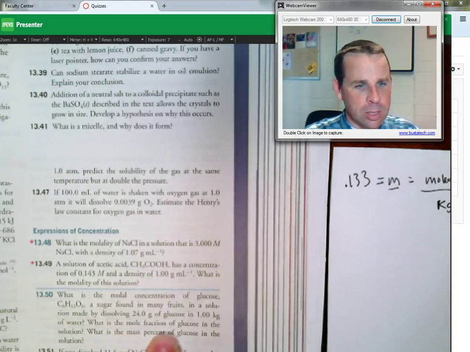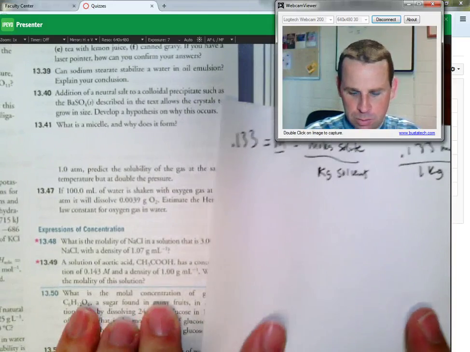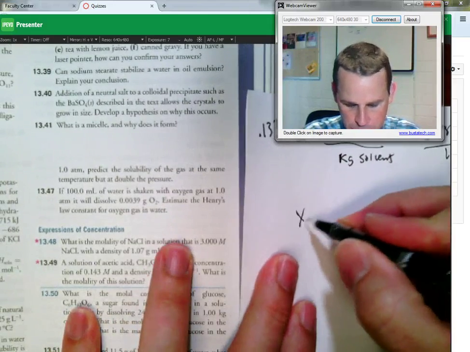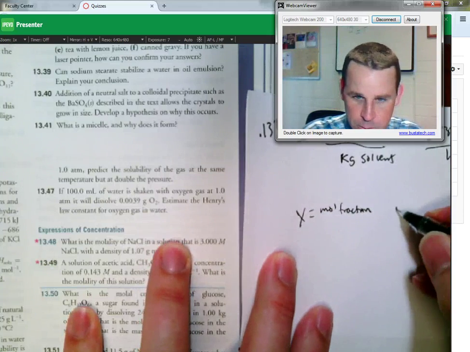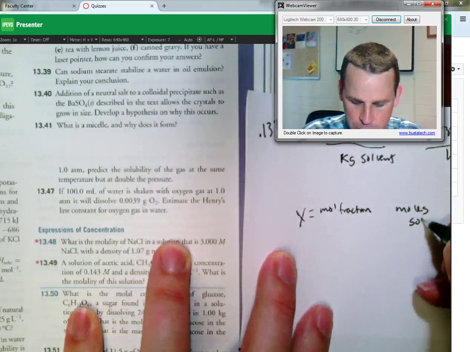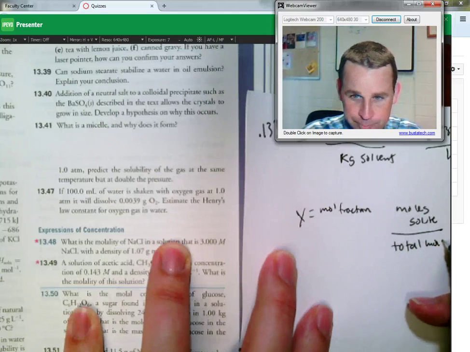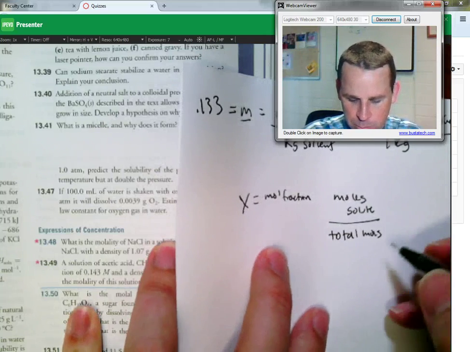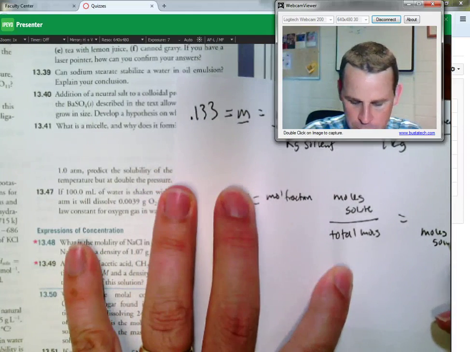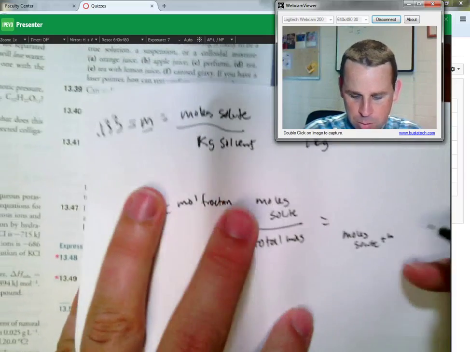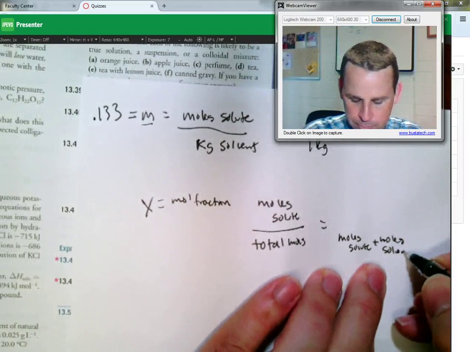What is the mole fraction of glucose in the solution? Mole fraction, all right, X, mole fraction. That's moles of solute over total moles. Now total moles is the same as moles of solute plus moles of solvent.